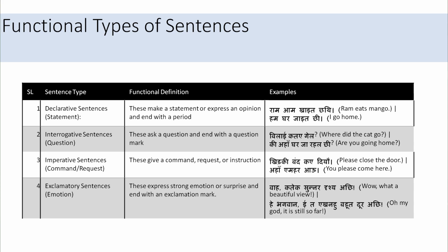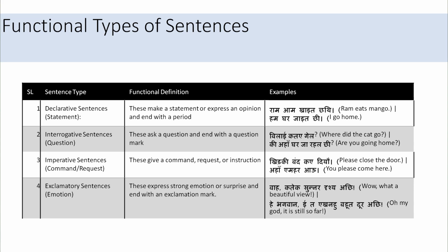This expresses your emotion, happiness and elation. Or you want to show some frustration when you are going somewhere and you say, oh my God, it is still so far. You can say the same thing in Maithili: "Hey Bhagwan, it ekhano bahut dur aich".